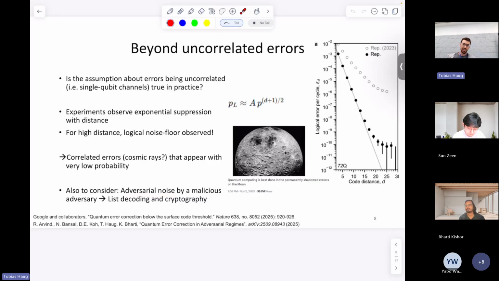Think of some bad influence that specifically tries to induce noise in a way that causes as much damage as possible. For these scenarios you have to think of different ways to combat noise. There are methods like list decoding and cryptography that you can apply to solve that. But this is another interesting topic. My point is you always have to think about the noise model, and depending on that, you choose your code and how you decode things.